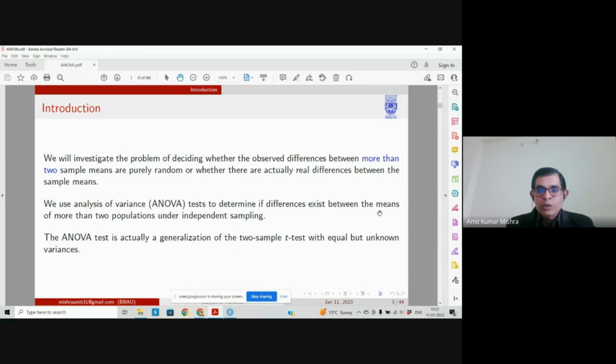For that, we use the analysis of variance test to determine if a difference exists between the means of more than two populations under independent sampling. That means the populations we are considering are independent; that is the assumption. Analysis of variance, in short, we call ANOVA. The ANOVA test is actually a generalization of the two-sample t-test with equal but unknown variances.